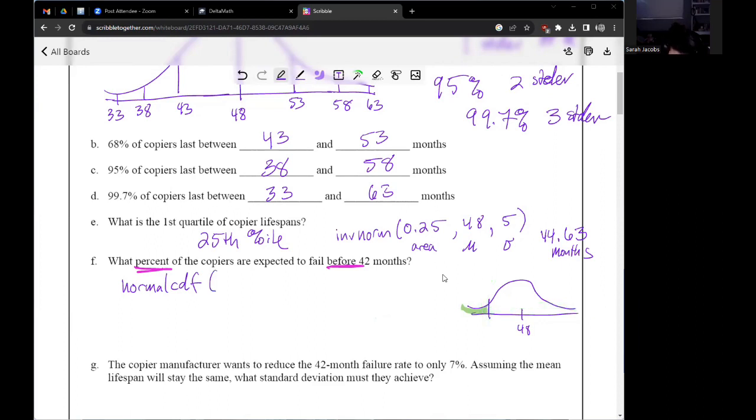So for our lower bound, we can use negative 1 times 10 to the 99th. If you've been using negative 99999, that's fine. Our upper bound is this point of interest, which is 42. That's the number given to us that we want to know what happens before, what happens after, whatever it is. So 42 is our upper bound.